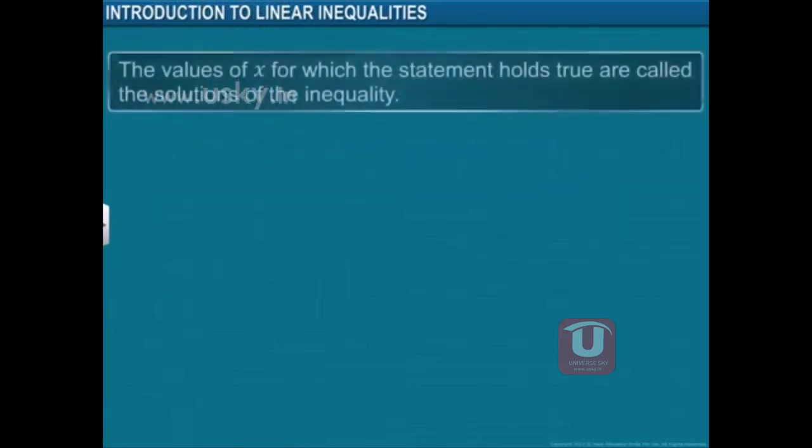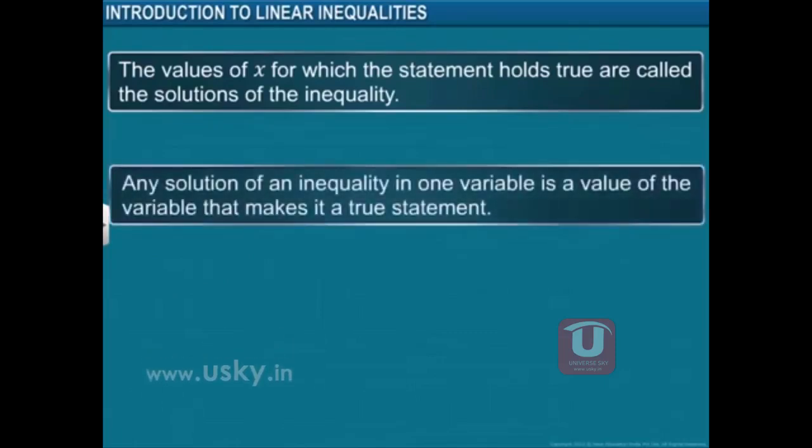Therefore, the values of x for which the statement holds true are called the solutions of the inequality. Thus, any solution of an inequality in one variable is a value of the variable that makes it a true statement. The way the solutions were found for this inequality was by trial and error.